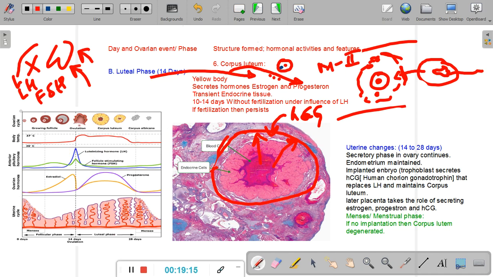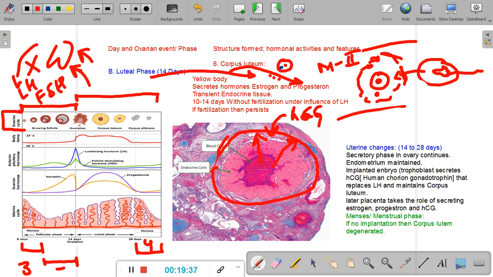I hope you can exclusively describe the ovarian events, which are just two, the follicular phase and the luteal phase, if you are asked only about these. And I hope you can also explain the three phases of the uterus: the menstrual phase, which spans 1 to 7 days, the proliferative phase, which is basically the 7 days till the process of ovulation, and the secretory phase, which is the third phase in the uterus.